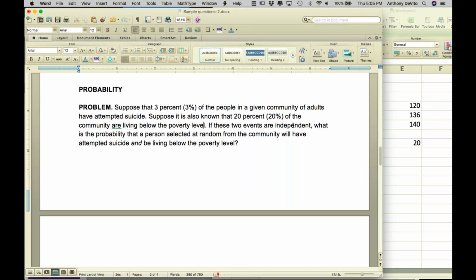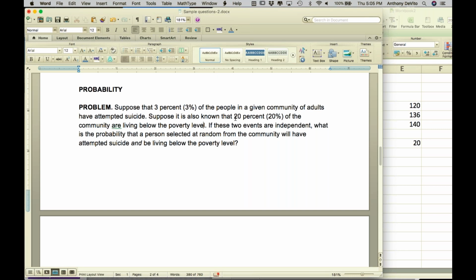If they're not independent, and I'll bet you they're not, I'll bet people below the poverty level maybe do commit suicide at a higher rate than people above the poverty level. I don't have any evidence to prove that, it's just my bias. Well, then it's not going to be 0.03 times 0.2, which is 0.006. It's going to be something else.